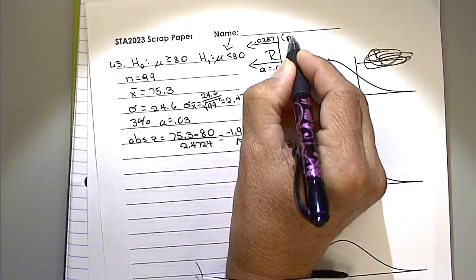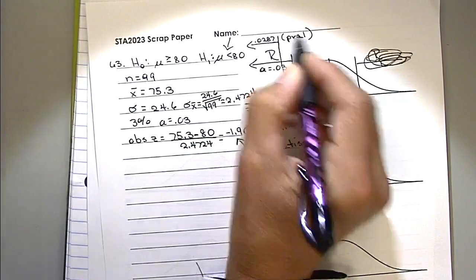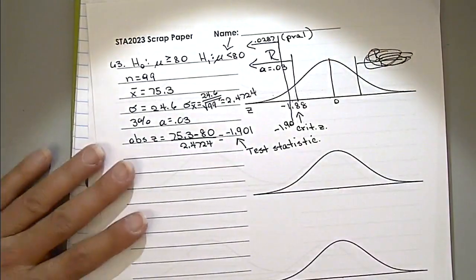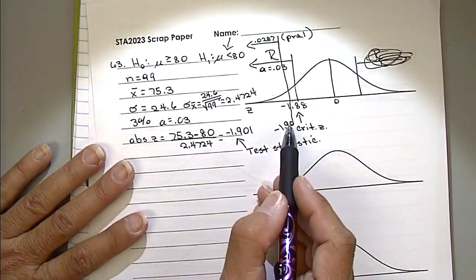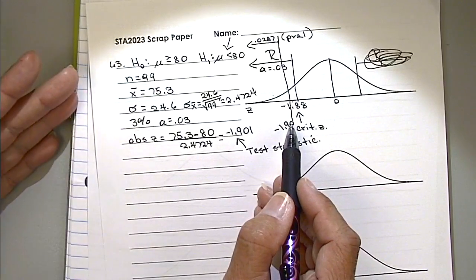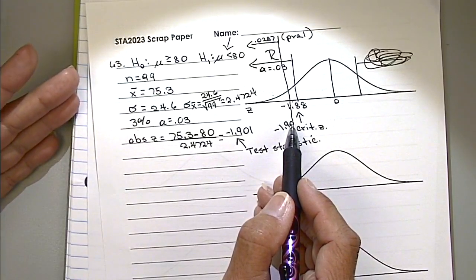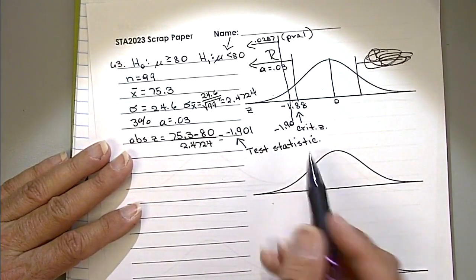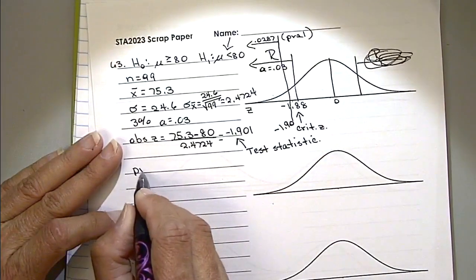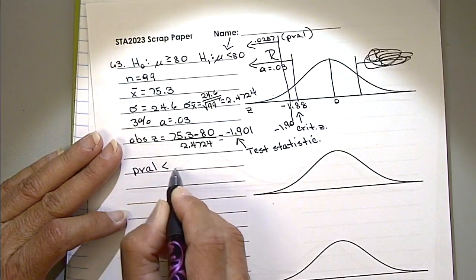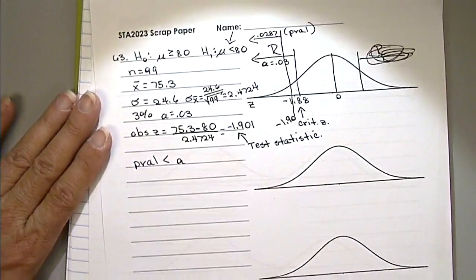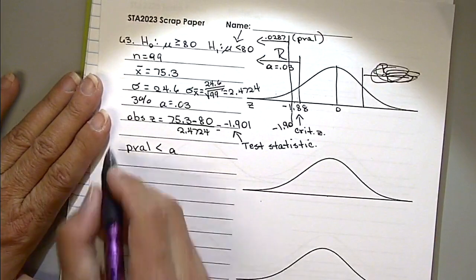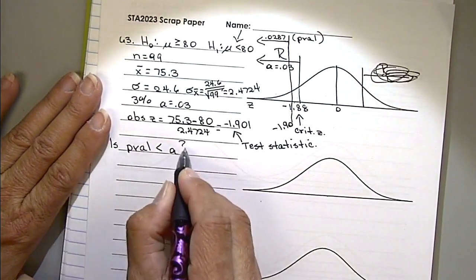I'm going to put it up here so you know what I'm talking about. P-value is 0.0287, okay? The other test, it rejected, right? We reject the null hypothesis because it fell into the rejection range. But the p-value test is always, is p-value less than alpha? Okay? Is p-value less than alpha?